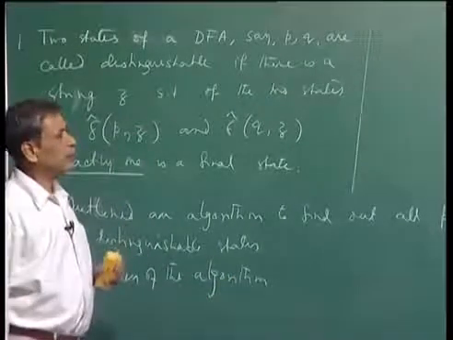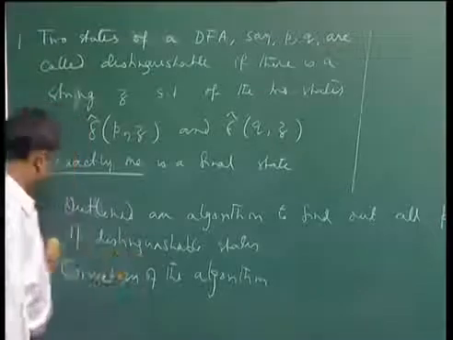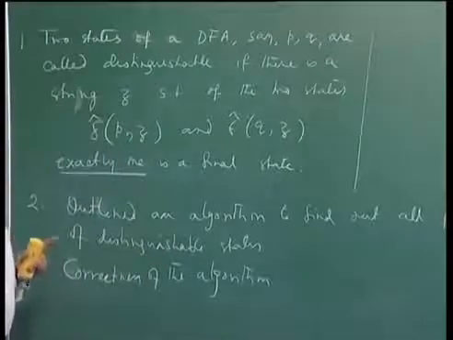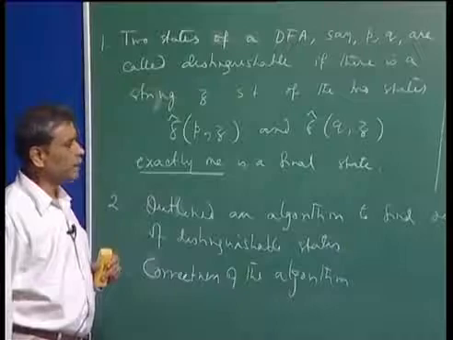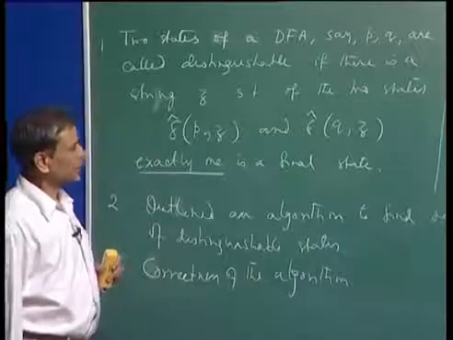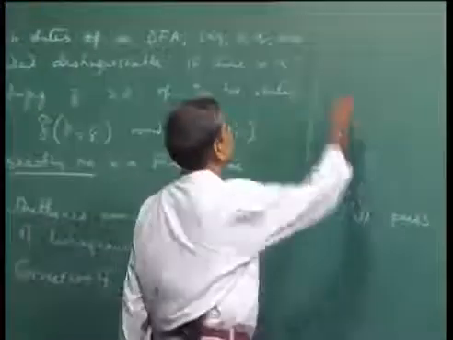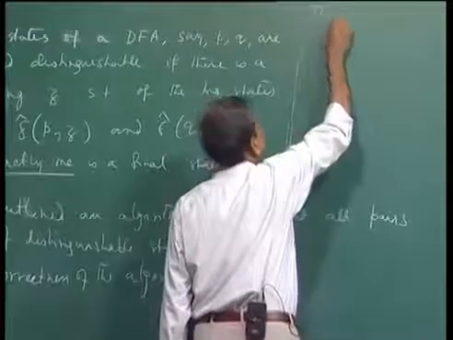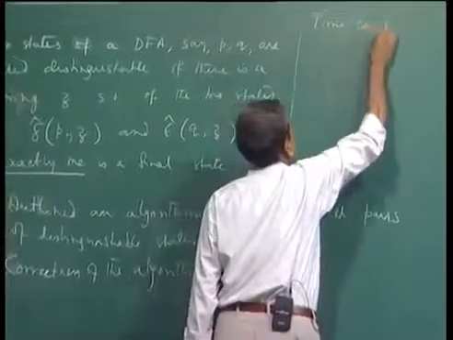Today, let us begin by considering the time complexity of the algorithm that we had outlined earlier. So, you recall what the algorithm did? We are talking of time complexity.